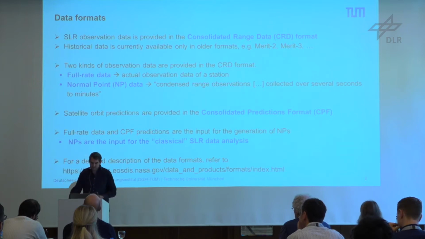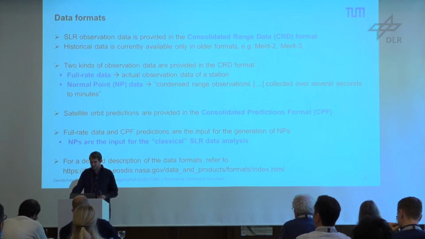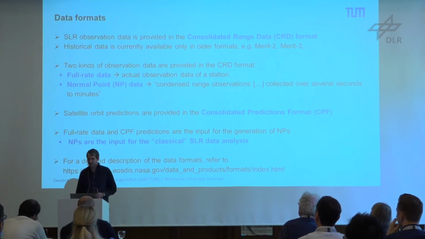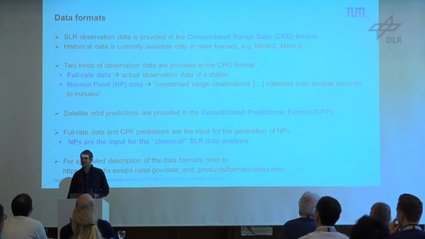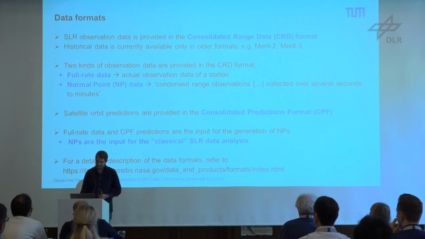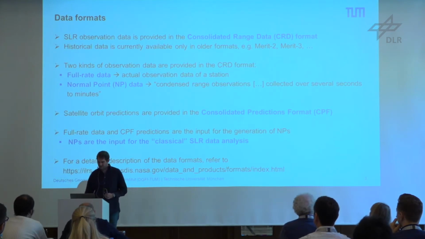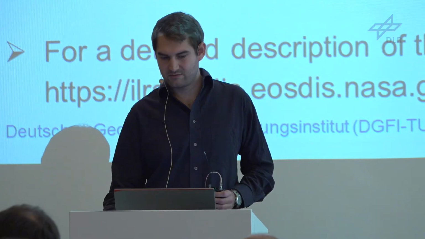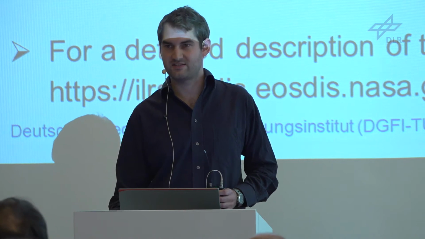So in general, SLR observation data is provided in the consolidated range data format. There are also some older formats for older data, but that's the format which is used now routinely. In this format, we have provided two kinds of observation data. The first one is the full rate data. It's the actual observations that the stations have measured, but that's the data that we usually don't process at the data centers.